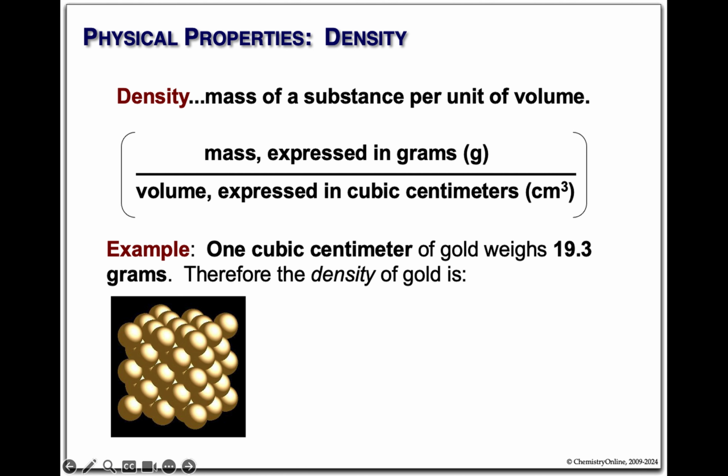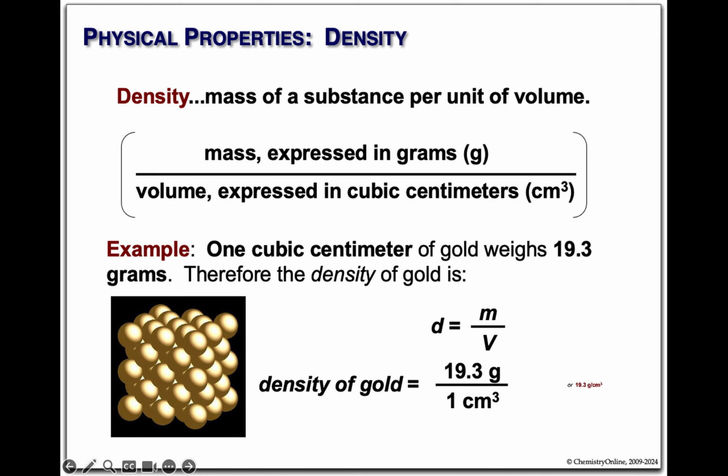This is the mass. Mass divided by volume, 19.3 divided by 1. We would write it like this, 19.3 grams per cubic centimeter. Any questions?